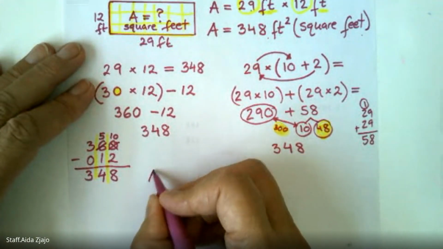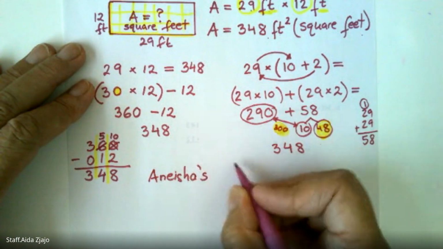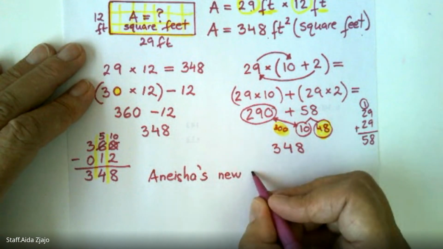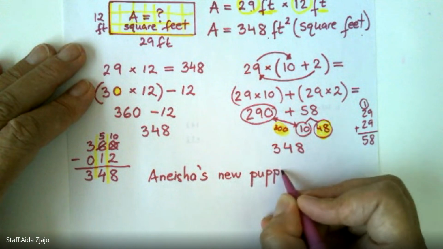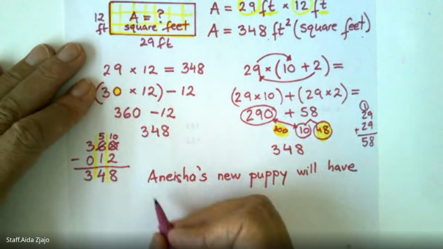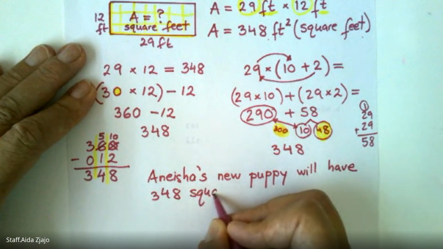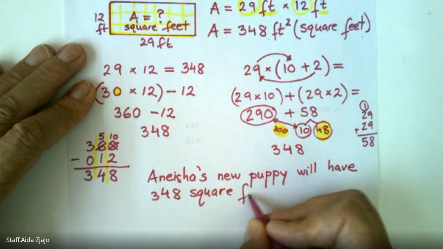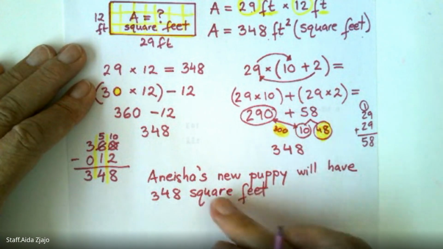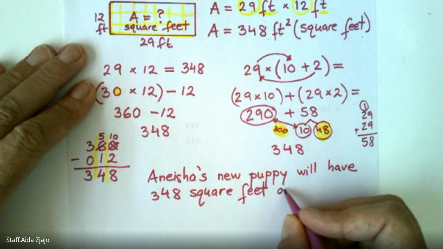Anisha's new puppy will have 348 square feet of play space.